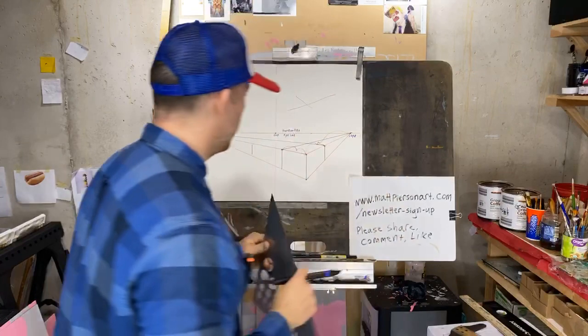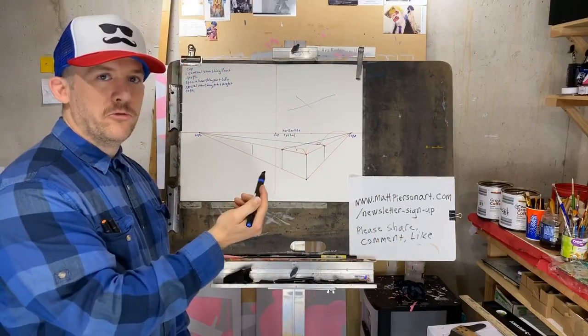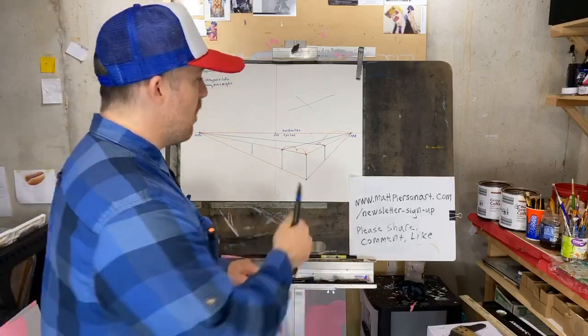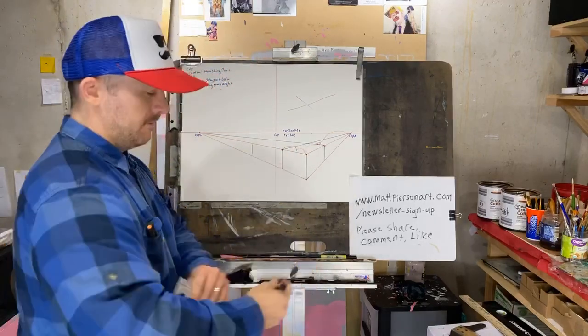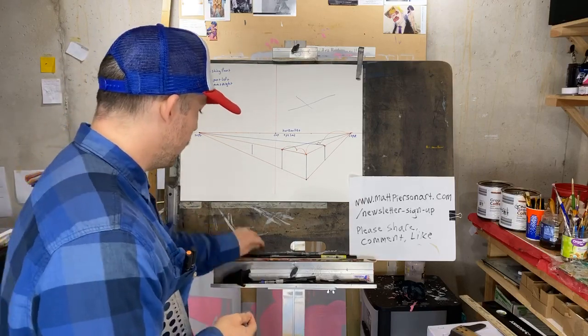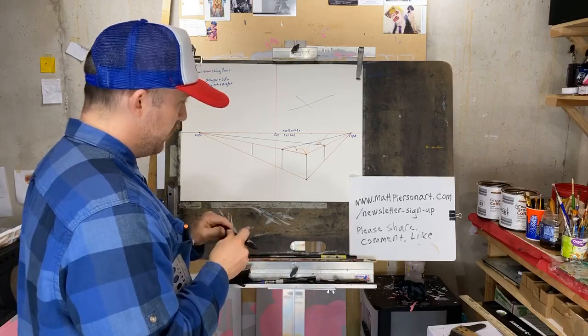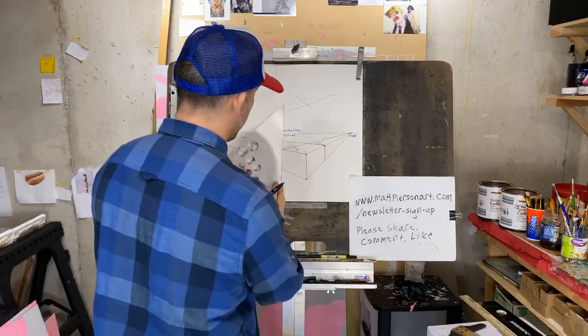I was a little off there. Okay? So now you have your cube form, minus all this other stuff. So now you have two-point perspective. Now, what I like to do is just outline it, make it look nice real quick, so you can see the shape.